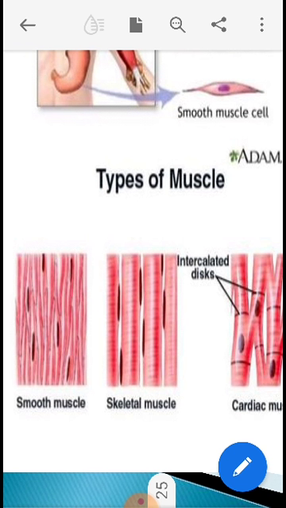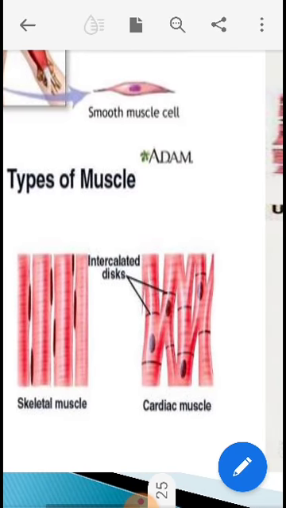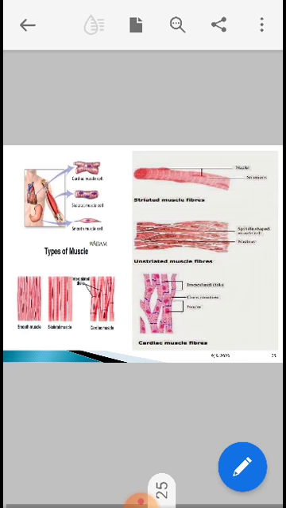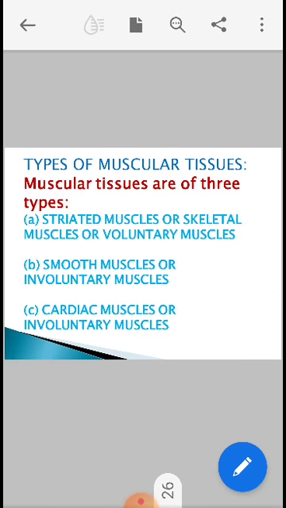You can see the skeletal muscles that are found in the hands and legs, and you can see the cardiac muscles. So they have the ciliated muscles. Now this ciliated word we'll talk later on when we move on to the next slide. I'll tell you what is the name of the cilia and what is the ciliated muscles.